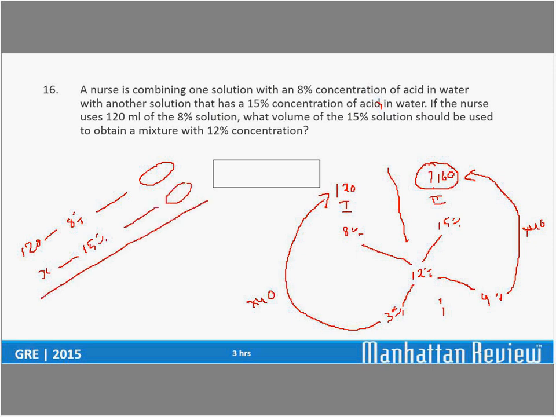If I combine both, this is 120 plus X, and this has to be 12%. You have to equate these two things. So literally, I have to do 8% of 120 plus 15% of X equals 12% of 120 plus X. If I equate both, then I'll get the value of X. That is the mathematical approach.